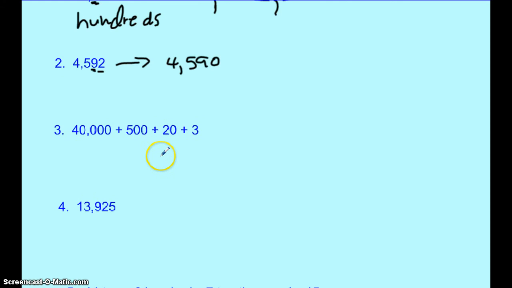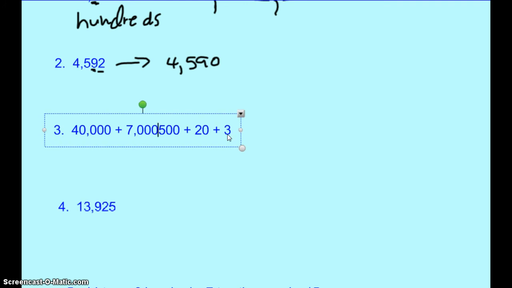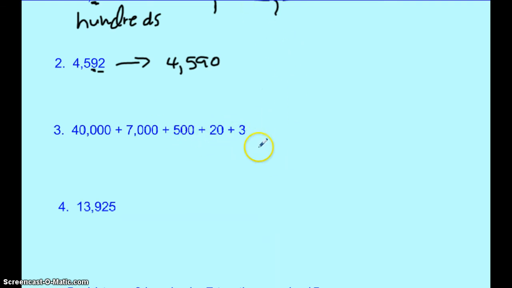Let's go to number 3. Again, they're showing you expanded form, and they want you to put in the standard form or number form for this expanded form. So you had 40,000 plus 7,000 plus 500 plus 20 plus 3. We can go through our place value or we can add these up either way. Let's look at our place value. We have 3 ones.